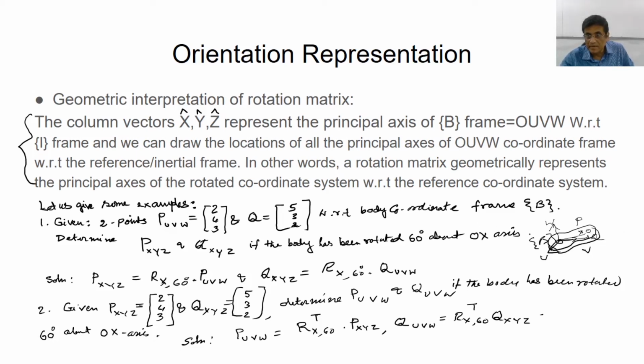Since it's a rigid body, once these points are described with respect to the body coordinate frame, that's it. They will never change, because the body is rigid and there is no deformation. So there is no question of changing the description of these points with respect to its own coordinate frame.